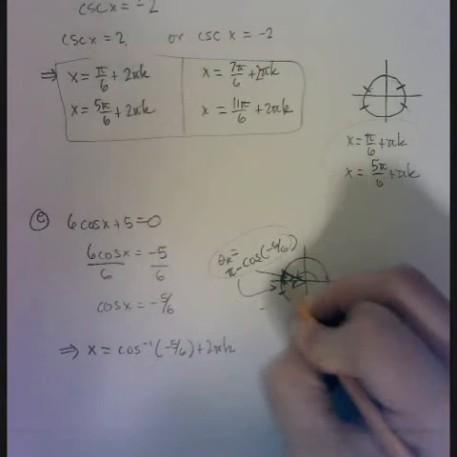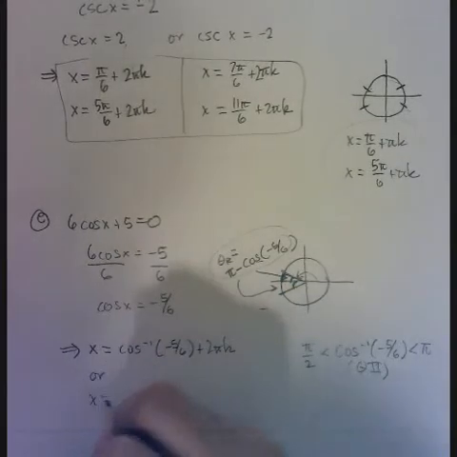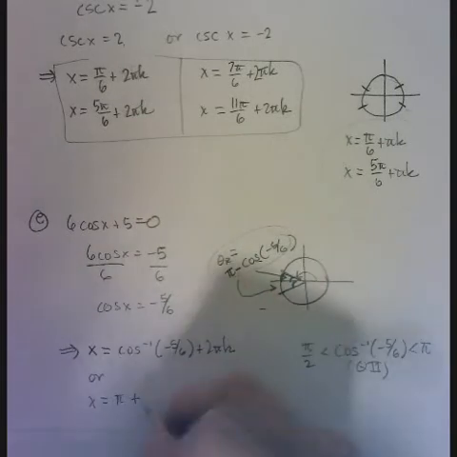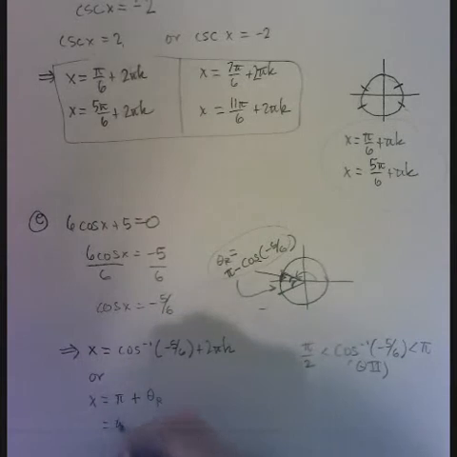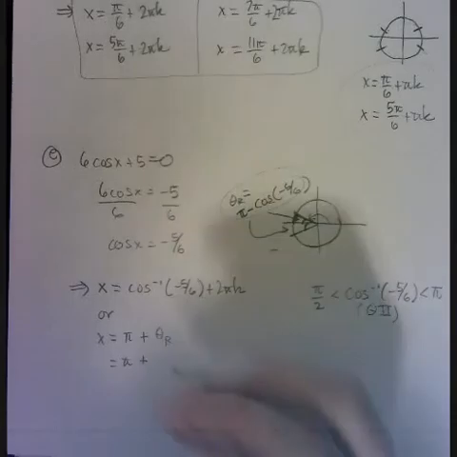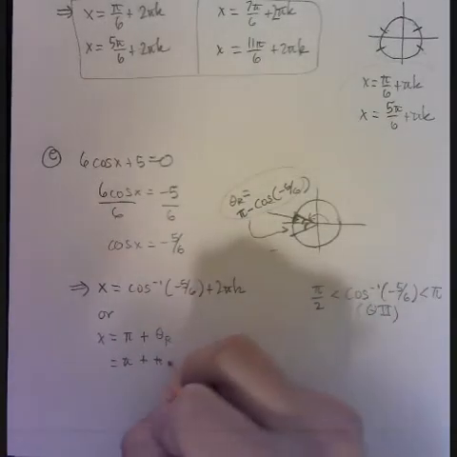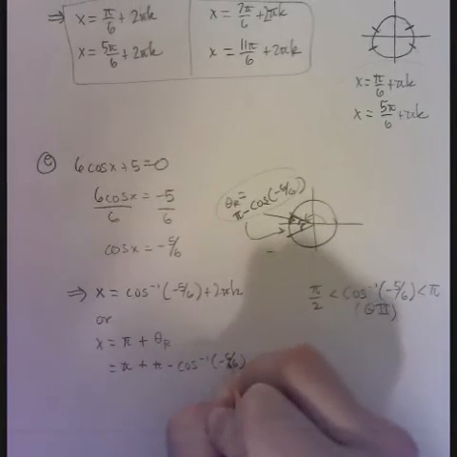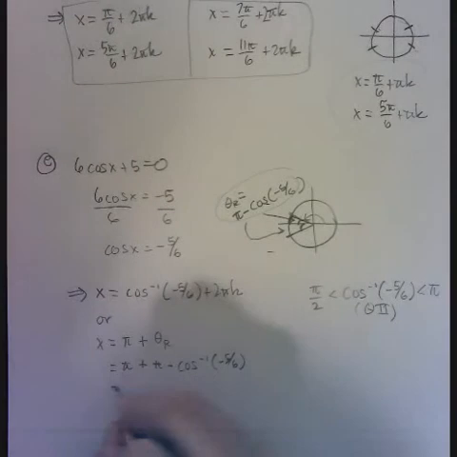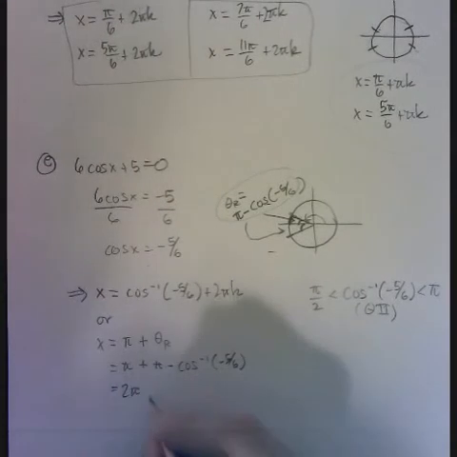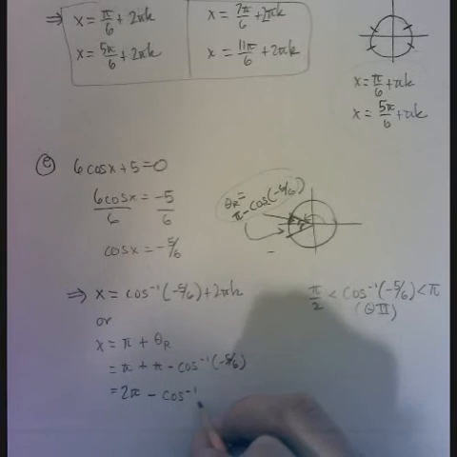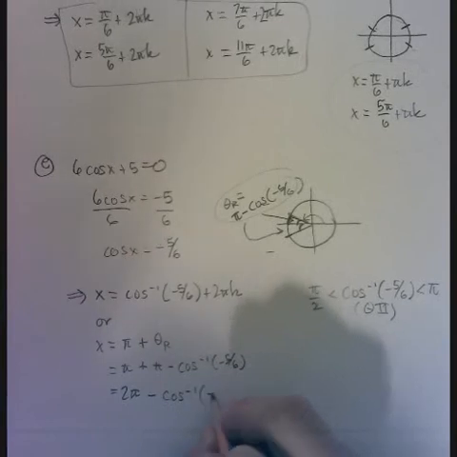So the other solution would be pi plus our theta r, which is pi plus pi minus cosine inverse of negative 5/6. And pi plus pi is 2 pi minus cosine inverse of negative 5/6.